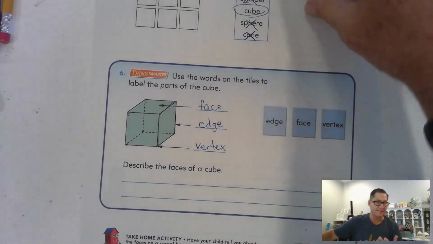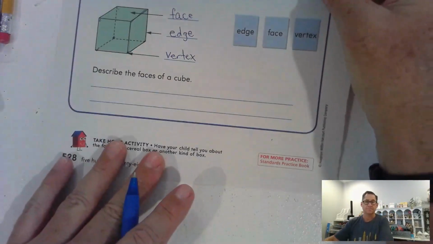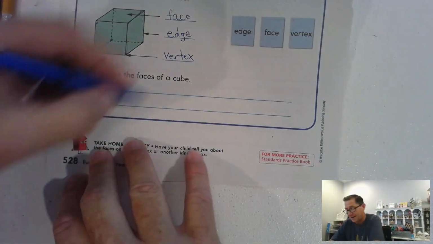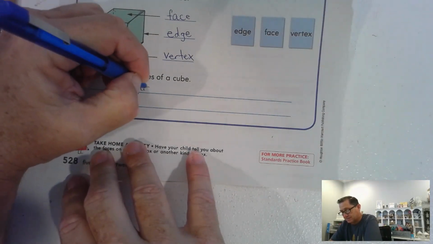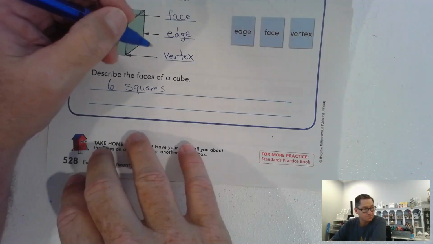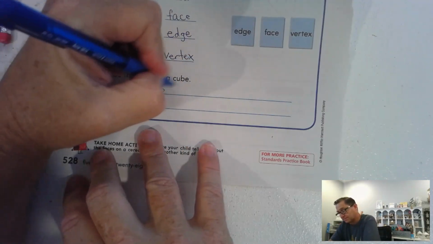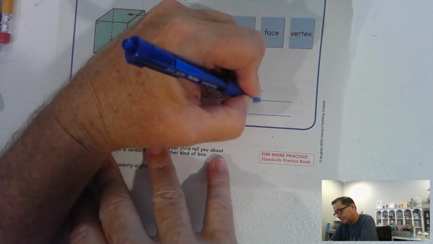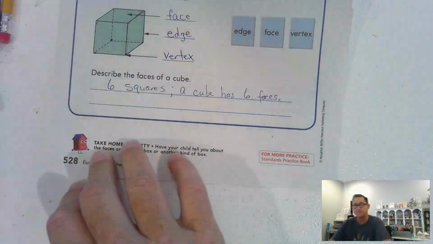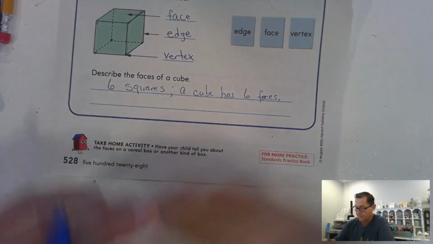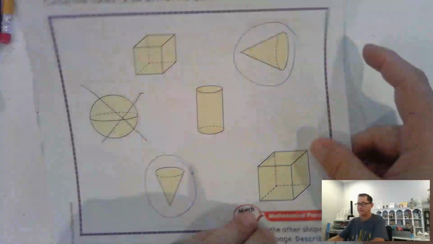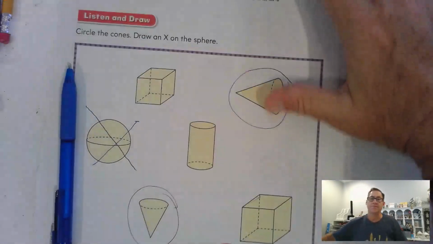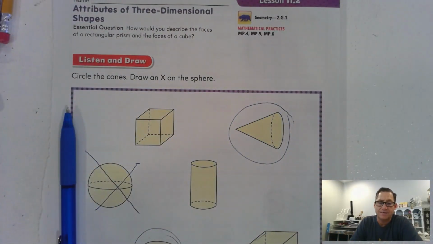Now, describe the faces of a cube. A cube has 6 faces, and all the faces are squares. That's it for lesson 11.2, the attributes or characteristics of three-dimensional shapes. Until our next lesson, I will see you soon.